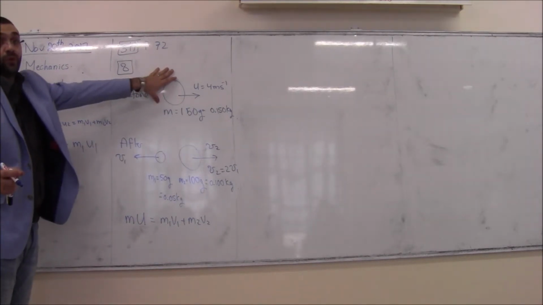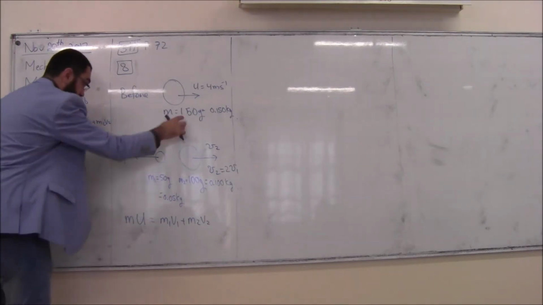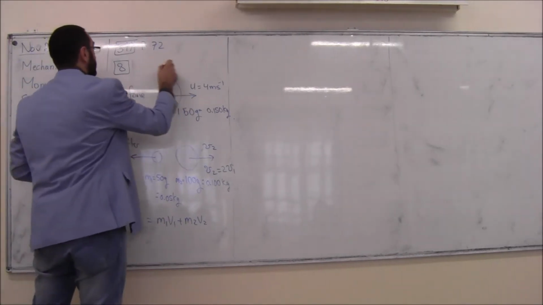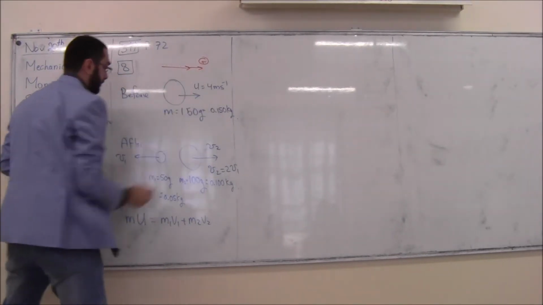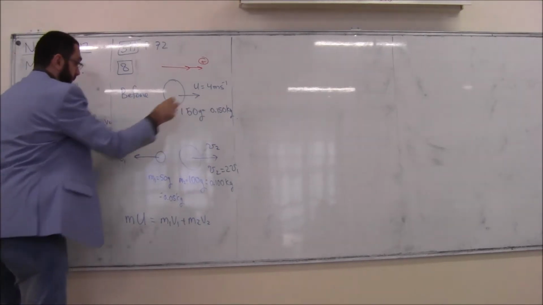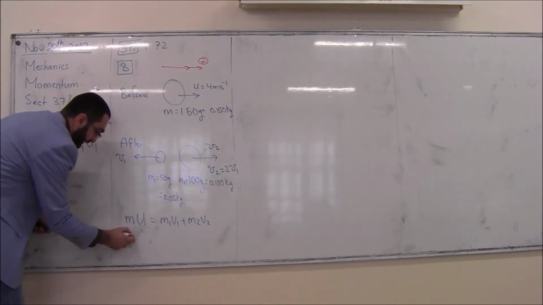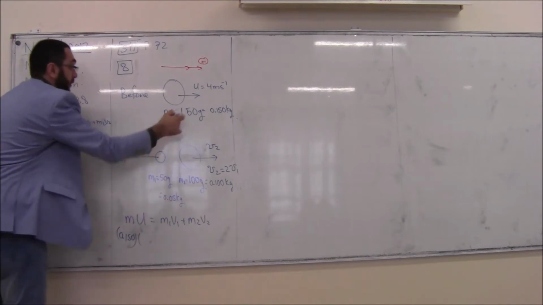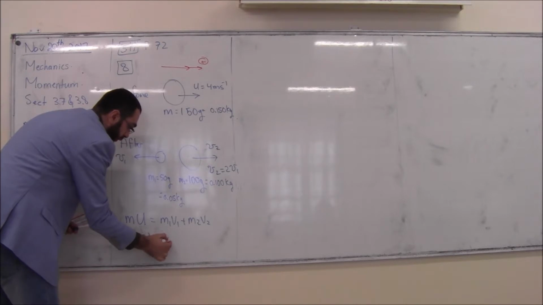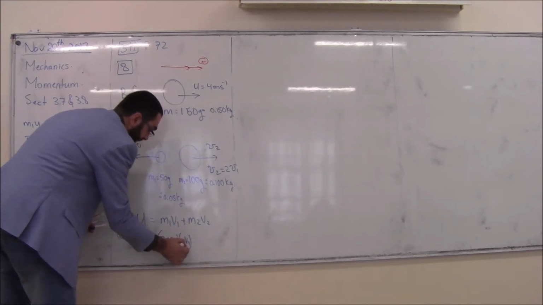The total momentum before equals the total momentum after. We did not determine what the positive direction is. This is the positive direction. Please show this for the examiner, okay? M is 0.15. So 0.15 times U equals M1, 0.05, times negative V1.